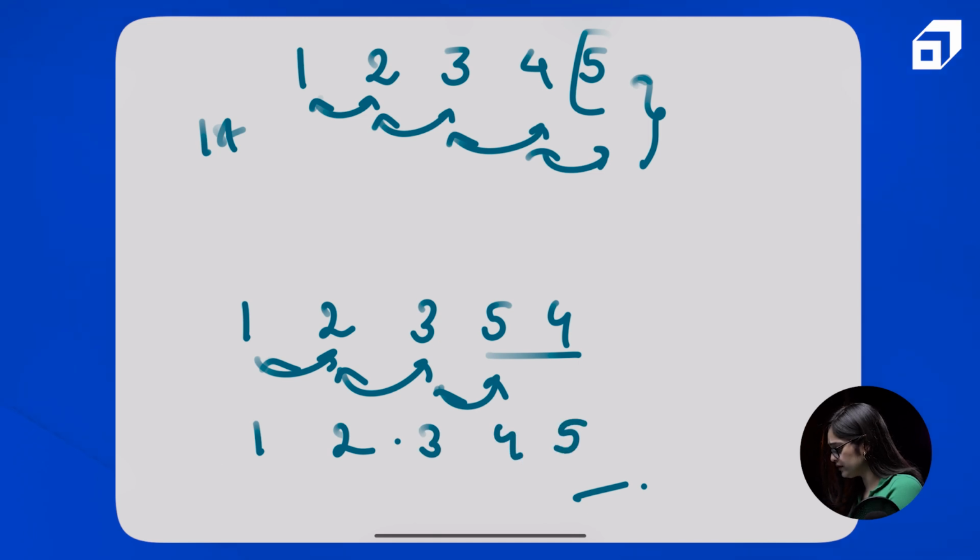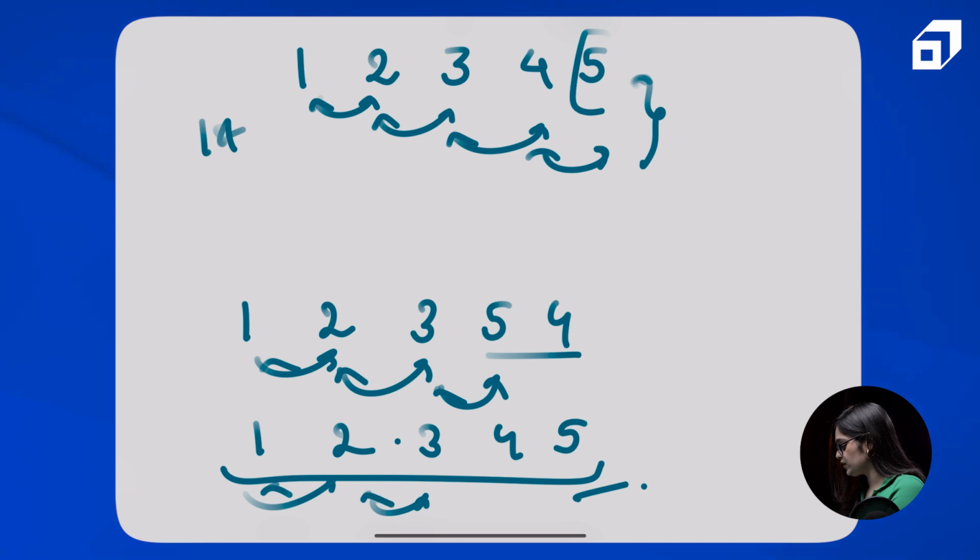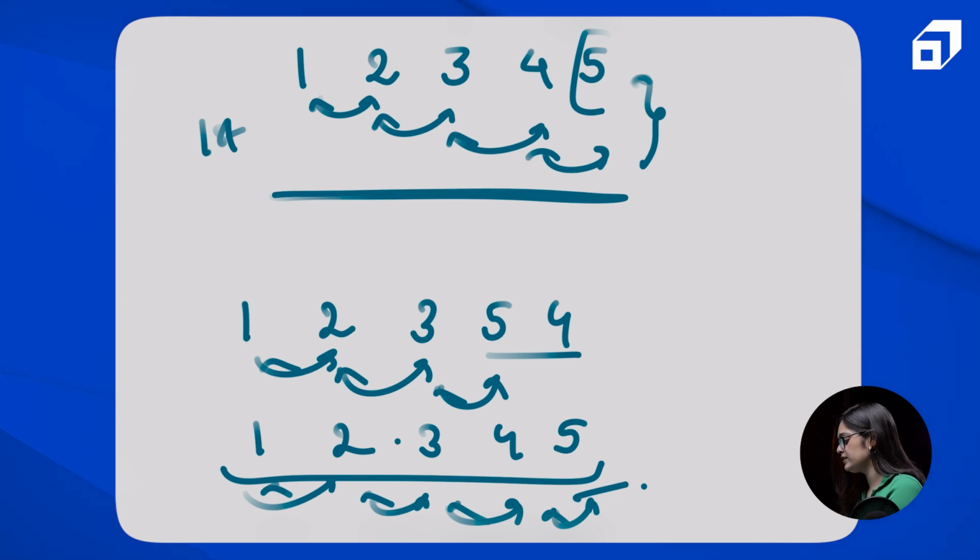Now when we go over this again, we'll find that we'll not be able to do any further swapping. So this means an array is already sorted. So this establishes a fact that whenever no swapping is taking place on comparing two adjacent elements, that means that the array is already sorted and we can stop our iterations there. So that's basically optimizing our code a little bit to reduce the time complexity.